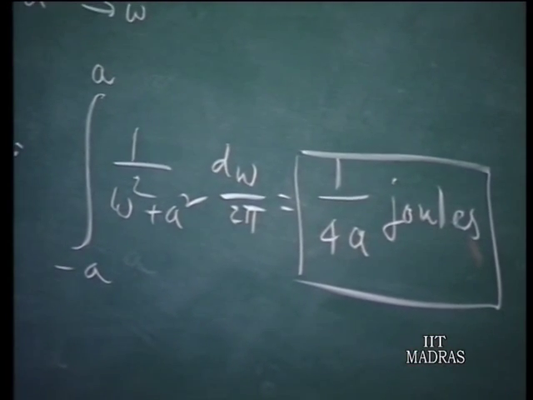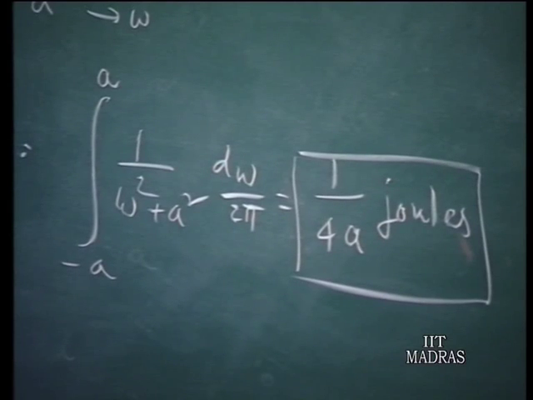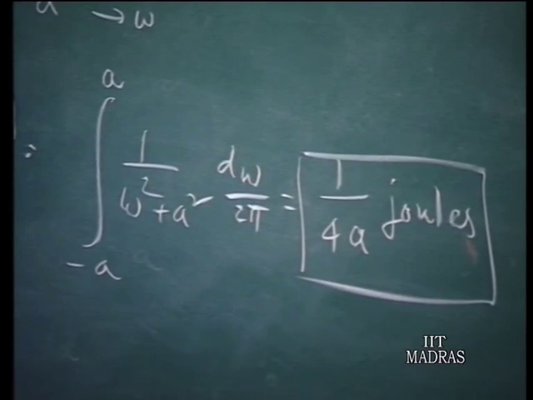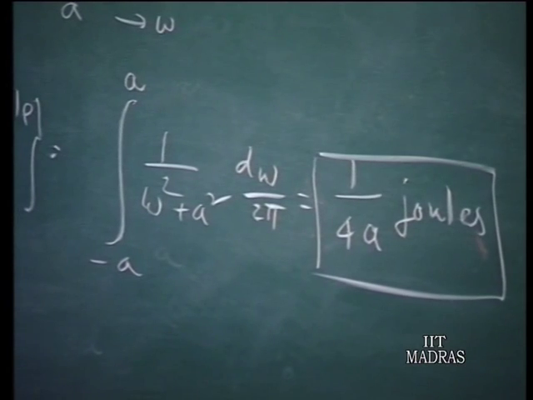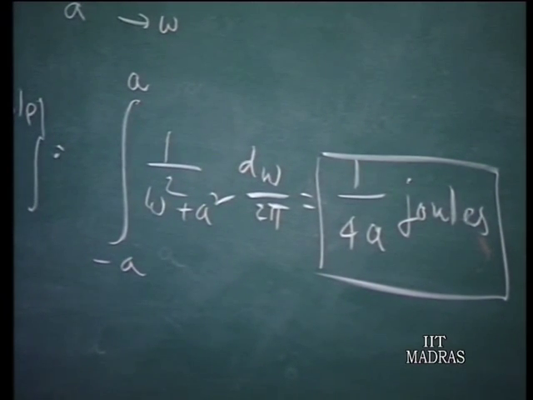It means that out of the total energy available from the input signal f t, which is 1 over 2 A joules, 1/2 of that energy resides in the frequency band omega from minus A to plus A.